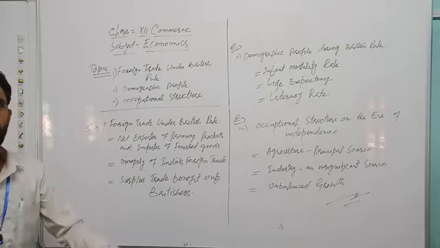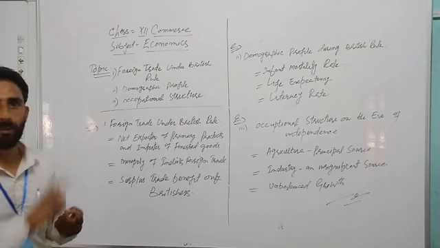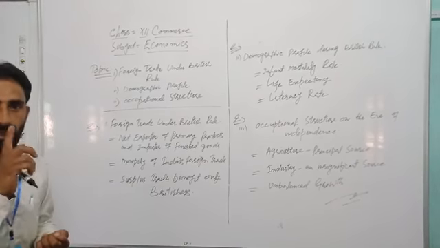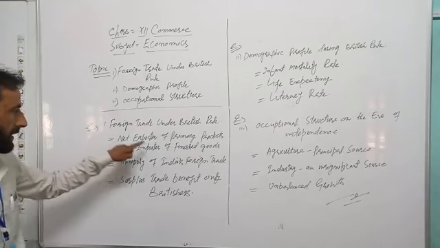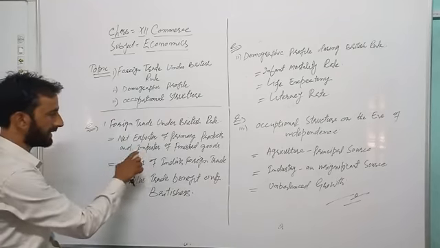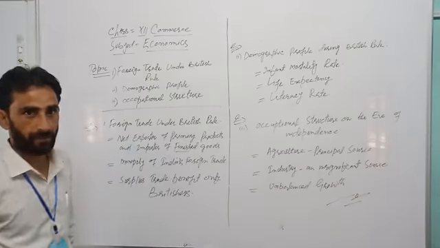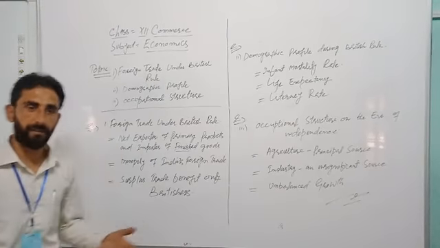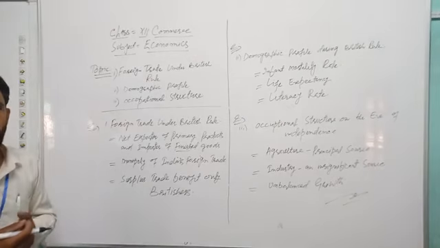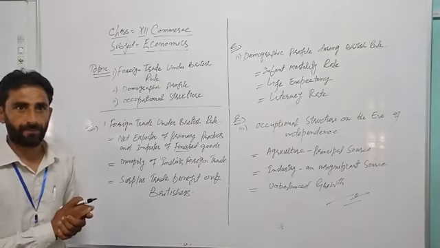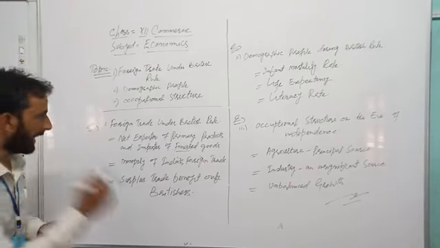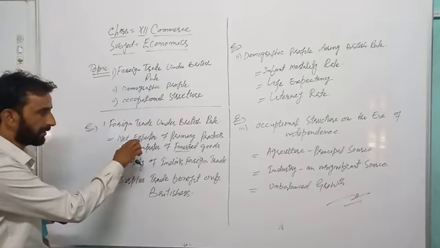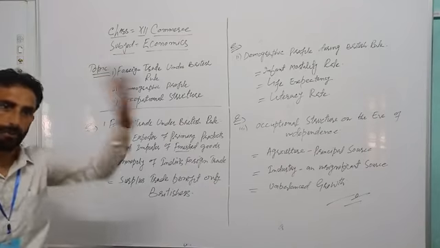But Britishers converted our economy into a net exporter of raw material and primary products and a net importer of finished goods. That means they converted our foreign trade into a deficit situation, because they imported finished goods and exported raw material from the Indian economy to Britain.